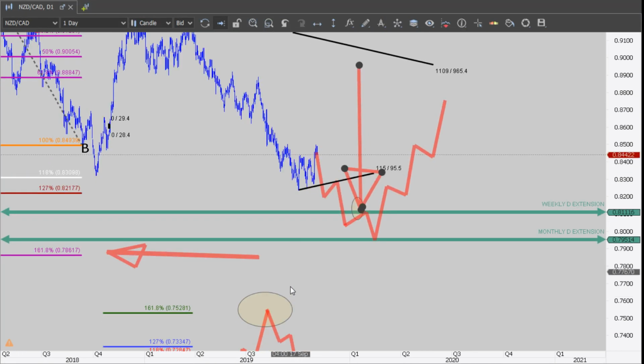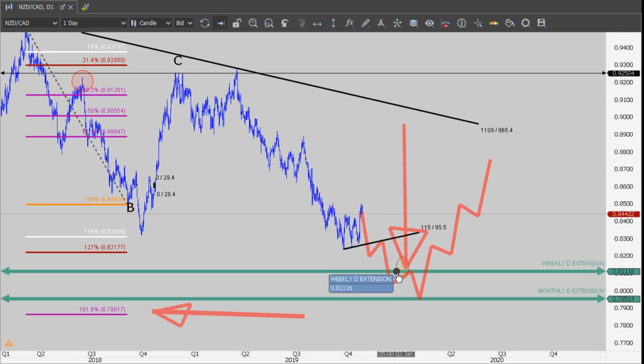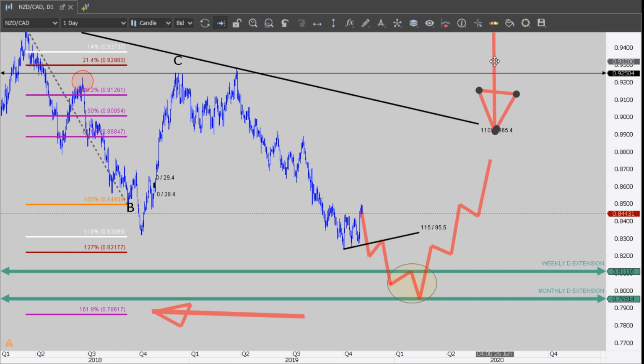Because we don't have the crystal ball, right? But we know how the market works and how the market behaves, right? When the market hits the weekly or maybe the monthly, 90 to 95% it is going to push back up until this long-term downtrend line.